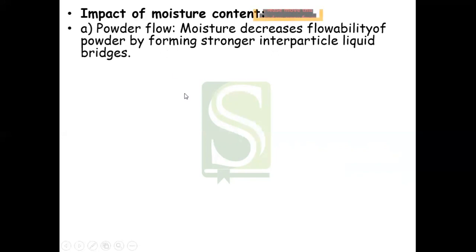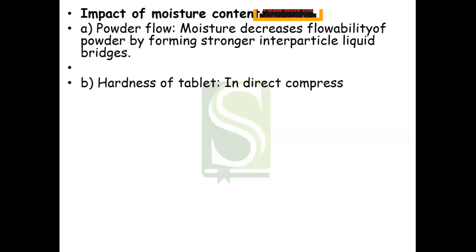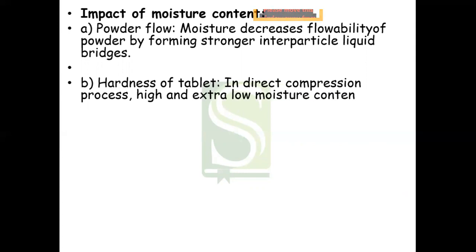If moisture is present inside the solid, that moisture is going to decrease the flowability of the powder. Why? Because it will form strong interparticulate liquid bridges, and hence a clump of the solid will be formed, which will show much resistance to flow.